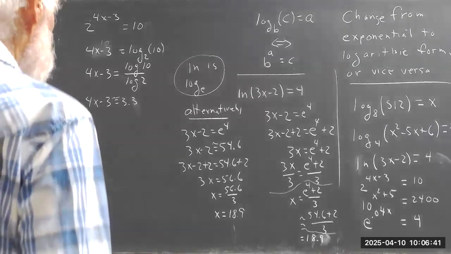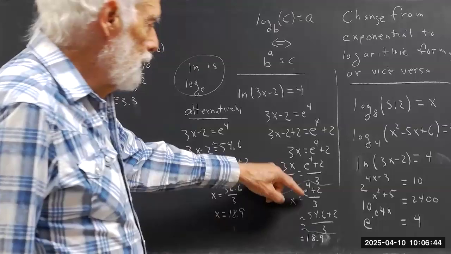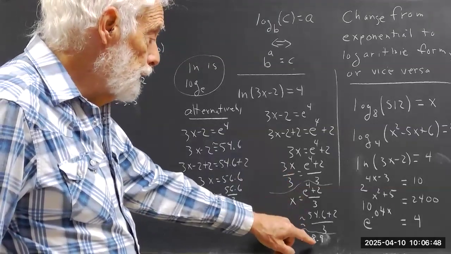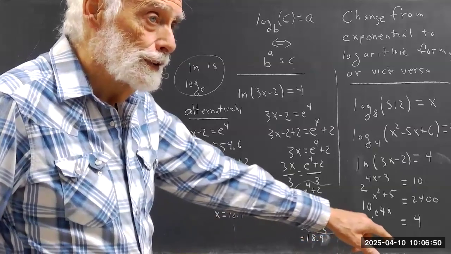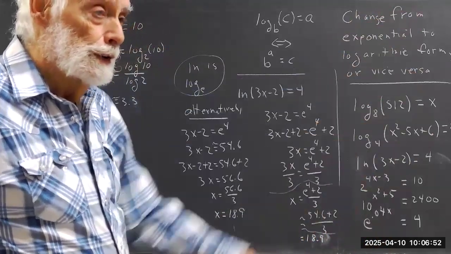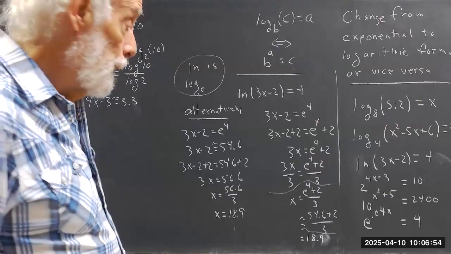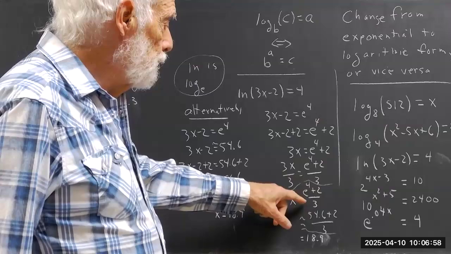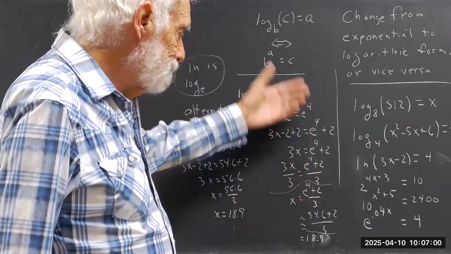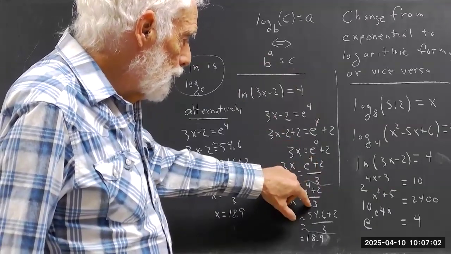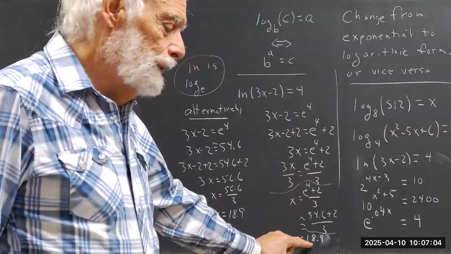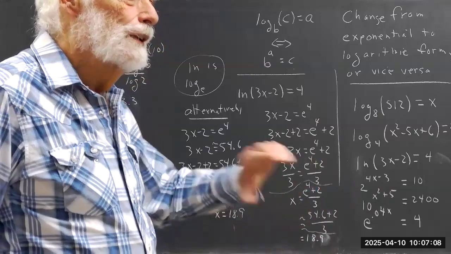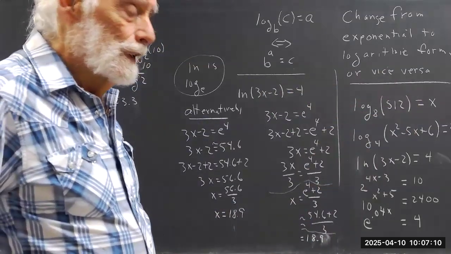Now, if you use 54.6 instead of the more accurate e to the fourth the calculator gives you, you would get 18.8666666 until the calculator runs out of room. Okay. If you use e to the fourth + 2, press the button, evaluate that, and divide that by 3, you get 18.866, maybe a third 6, but then it doesn't keep repeating.